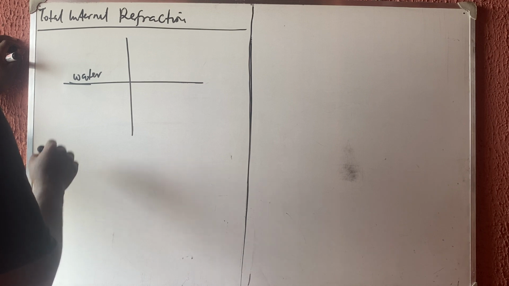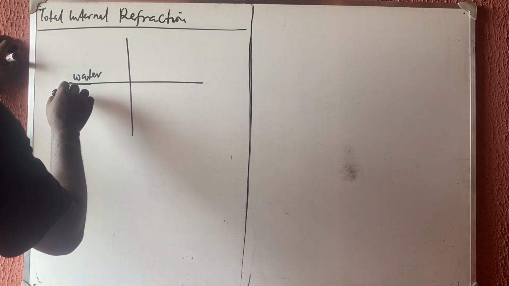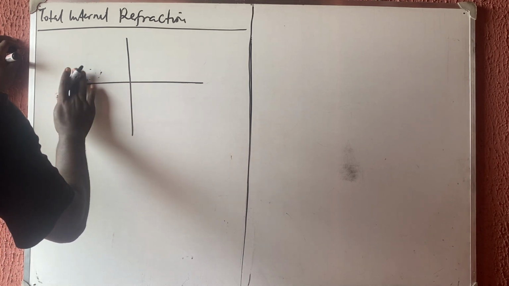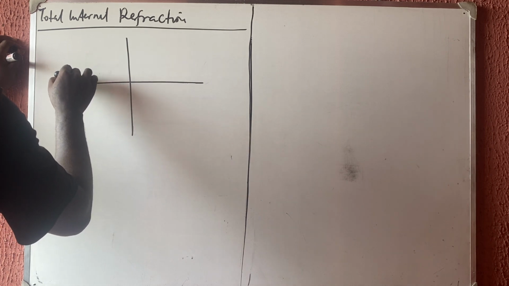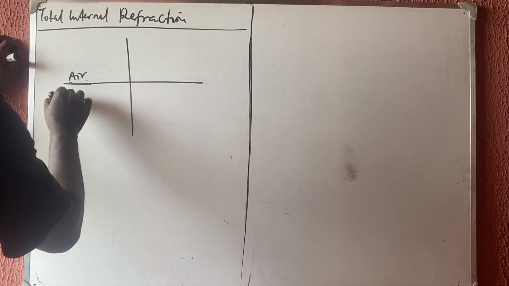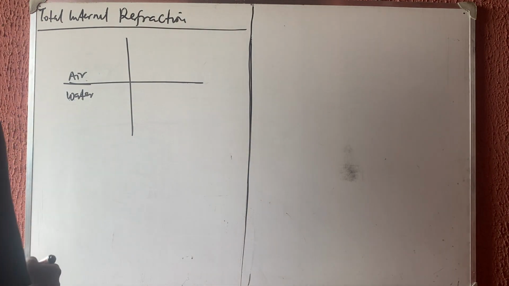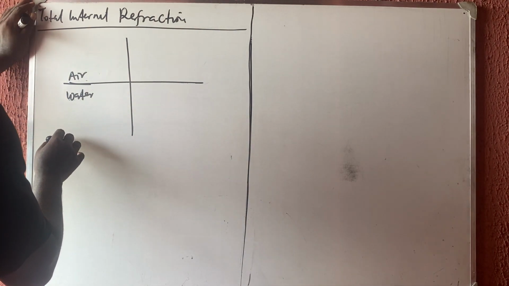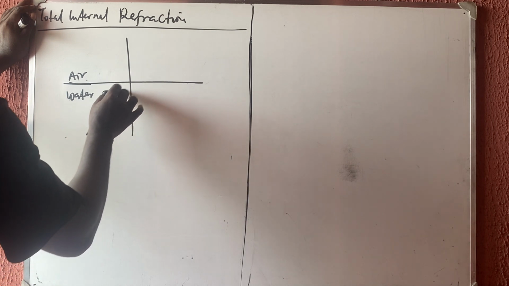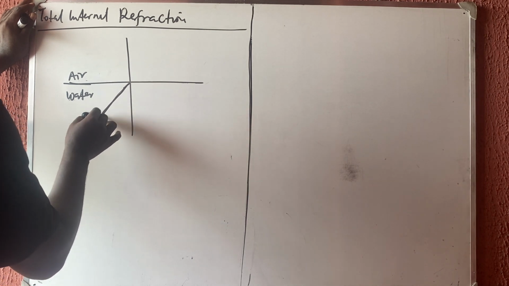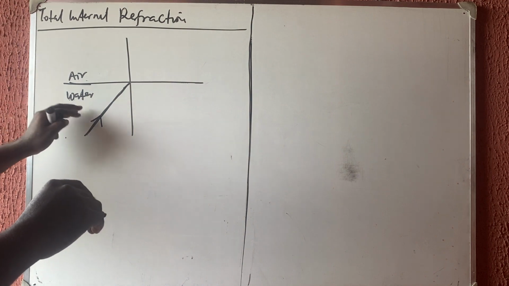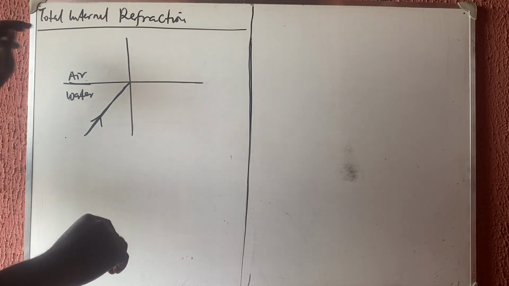Let me say that this is air, and this is water. A ray of light came from here, from the more dense to the less dense medium.